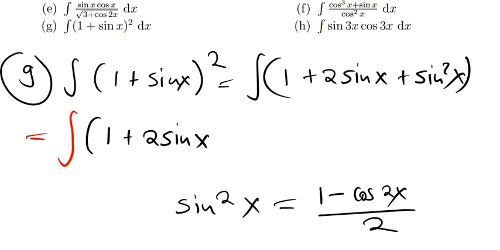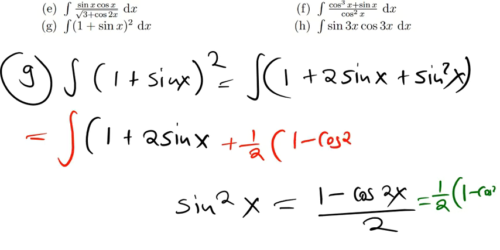Depending on how you want to write it, you can pull out the 2 on the bottom so that it becomes 1 over 2, and then in the brackets we remain with 1 minus cosine of 2x.